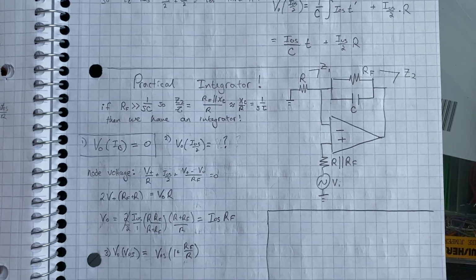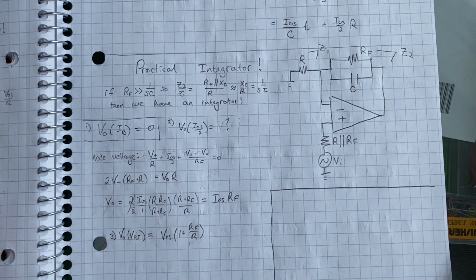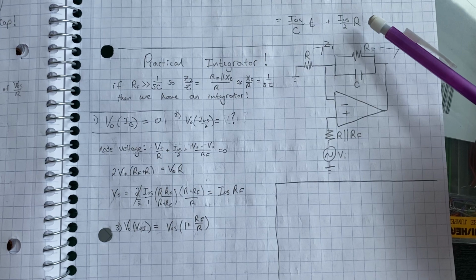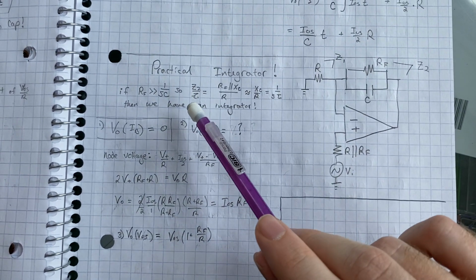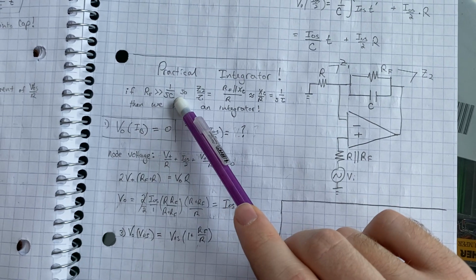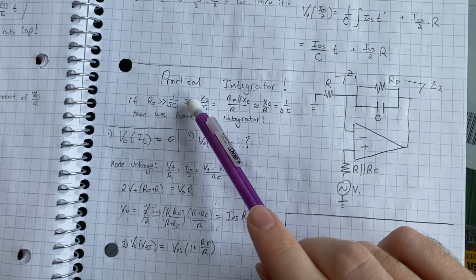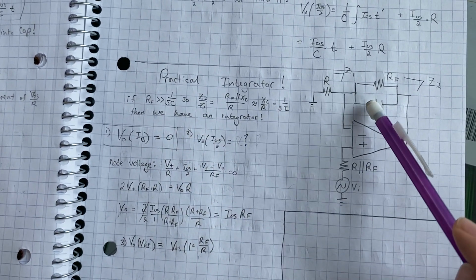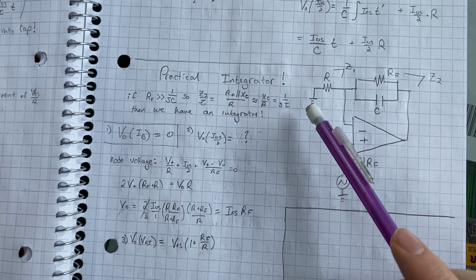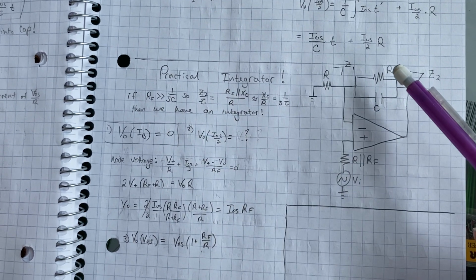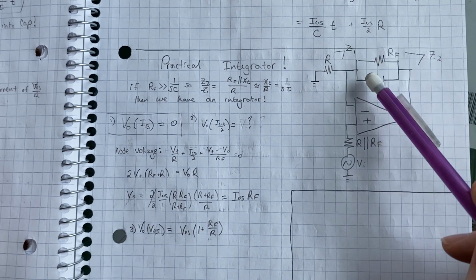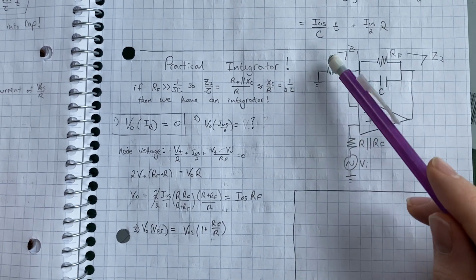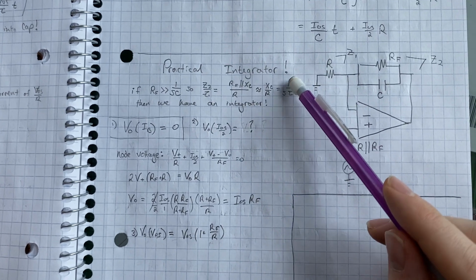So a practical integrator has a feedback resistor as well. And if the feedback resistor impedance is much more than 1 over SC, the impedance of the capacitor, then if we just do impedance division, as this impedance combination over this impedance, it's basically an integration.